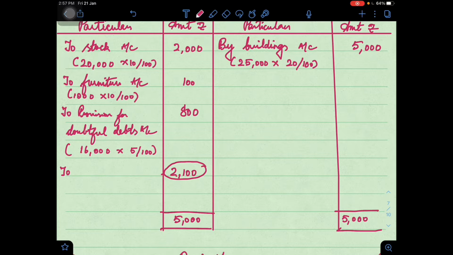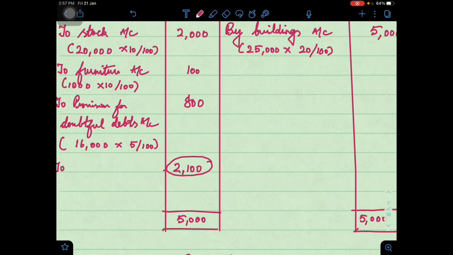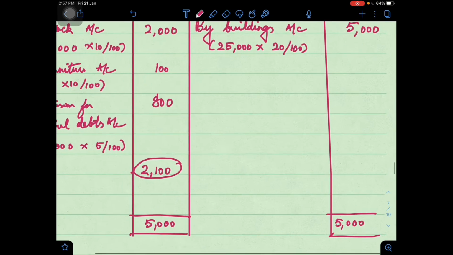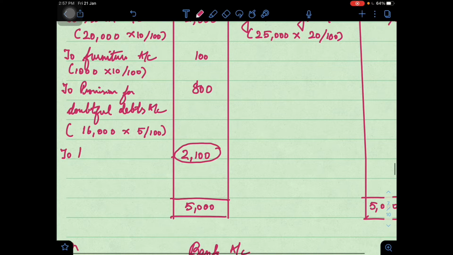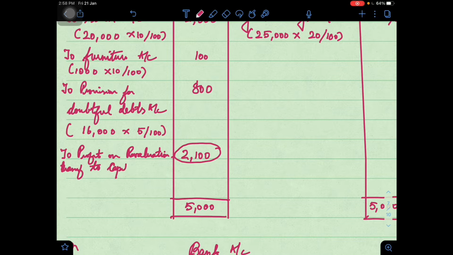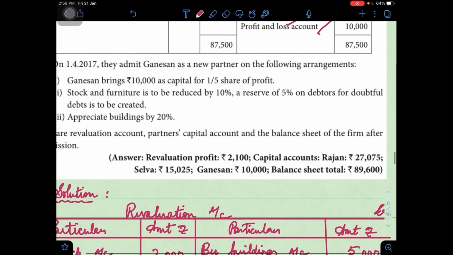Because the profit exceeds the loss, the profit side is 5,000 and the loss side is 2,900. So you write 'By profit on revaluation', which will be transferred to the capital account.